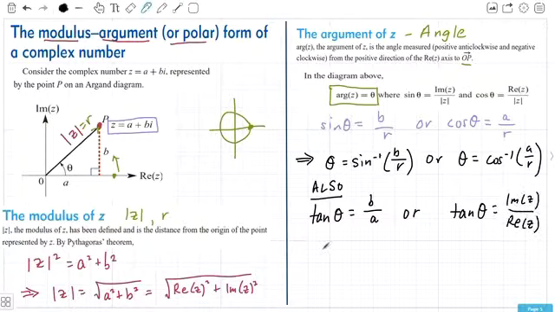So for me, whenever I'm trying to find arg z, I actually use this formula. So arg z, which is theta, can be found by taking tan to this side, so taking the inverse tan of the imaginary part over the real part.